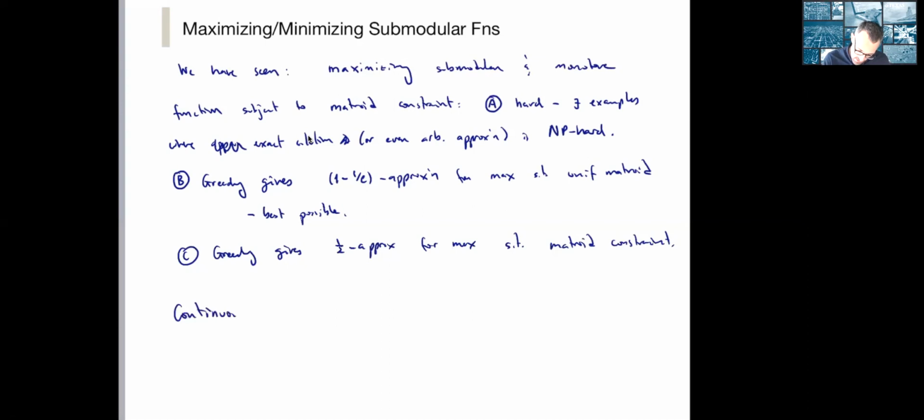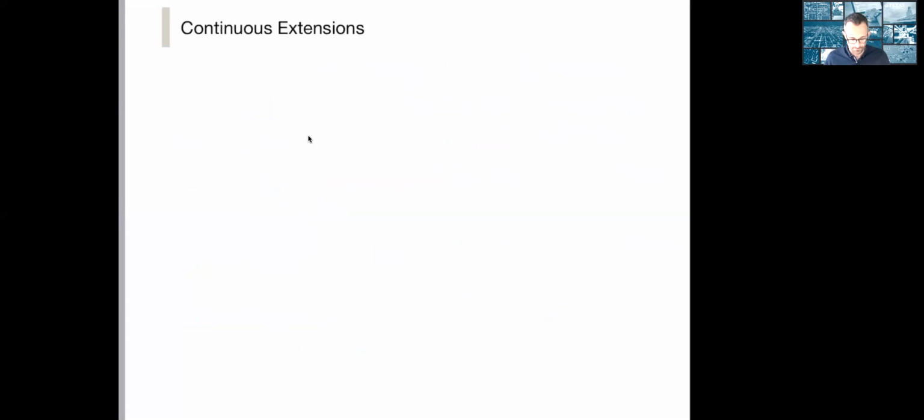So continuous extensions, which I'll define on the next slide, map a different, in other words, not the greedy algorithm, approach for maximizing and minimizing. And they basically try to leverage this idea that we have tools for continuous functions that are powerful. So perhaps we can leverage these.